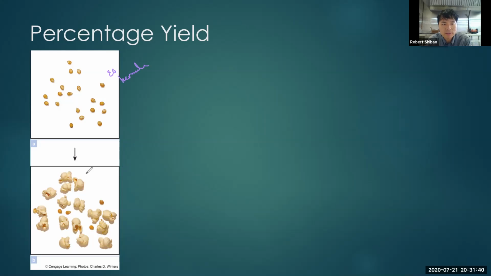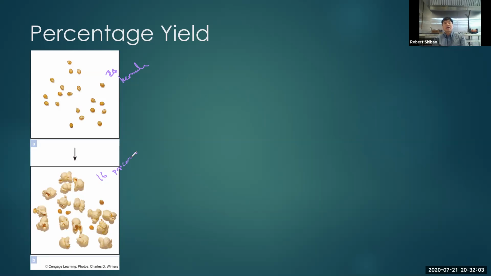We should get 20 pieces of popcorn here. So we got 3, 6, 9, 12, 15, 16. We only got 16. So we started off with 20 kernels, but we only got 16 popcorns. We should have gotten 20.